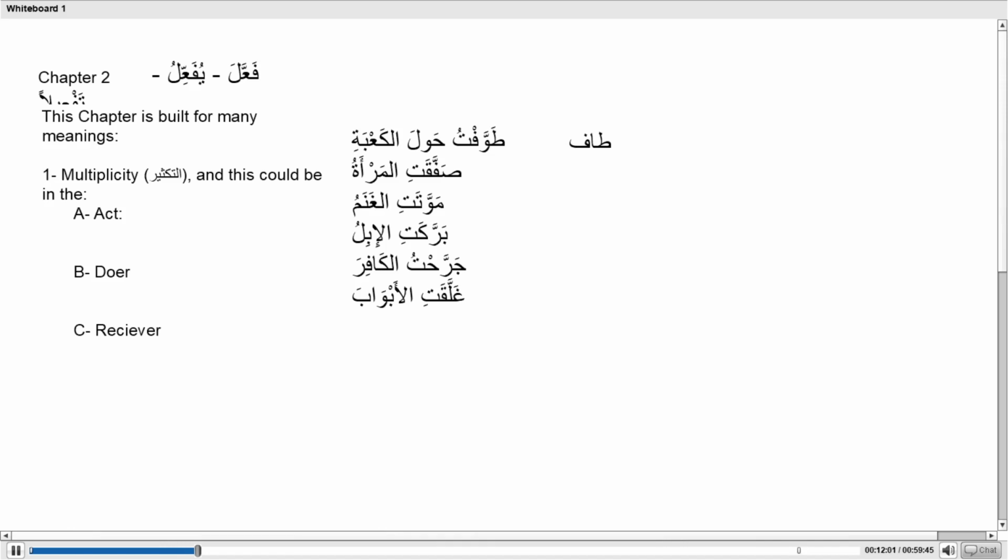And the Kaaba is one, and there cannot be multiplicity in that. واضح؟ No. Even though here there is no مفعول. There's no receiver here, because طوف is intransitive. واضح؟ بارك الله فيكم.